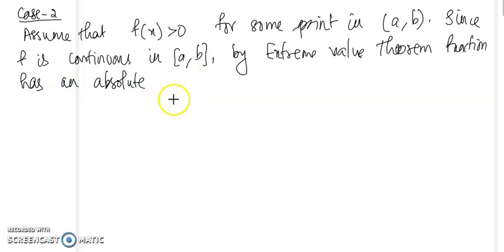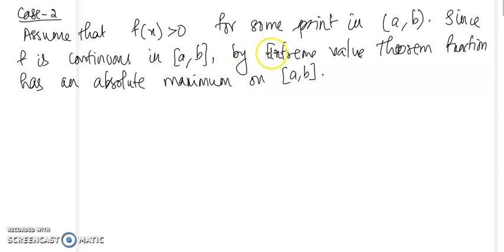Let us take the case where it has an absolute maximum, on closed interval A, B. Now, at the endpoints A and B, f of A and f of B is 0, and for some point in AB, f of x is greater than 0.